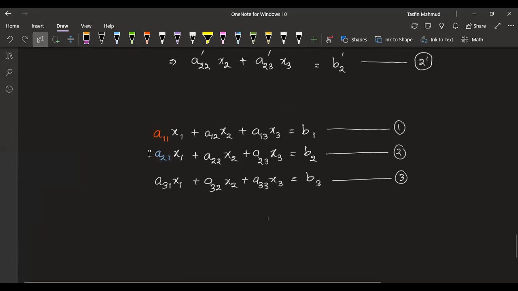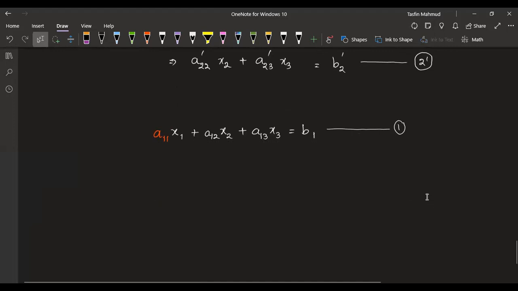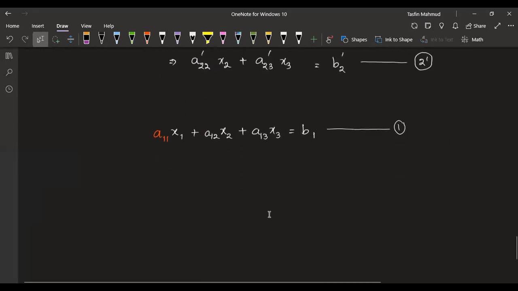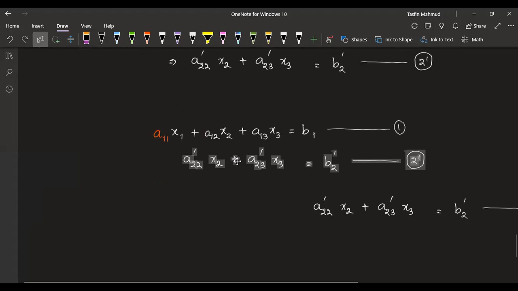So I'm going to remove this equation, and we are going to use the 2 prime equation now. I'm going to paste it here.